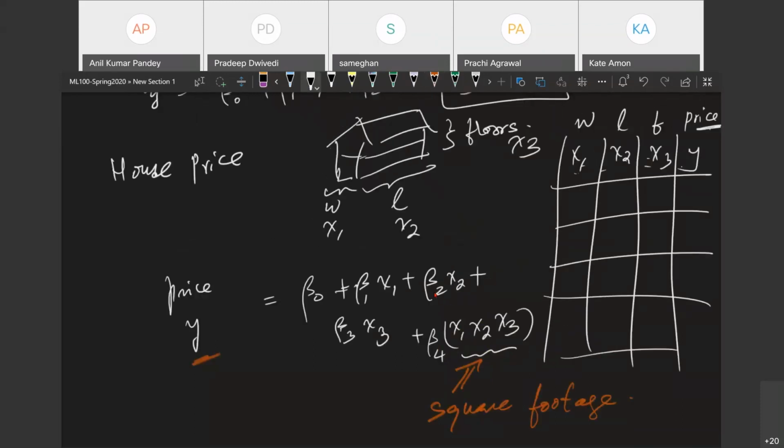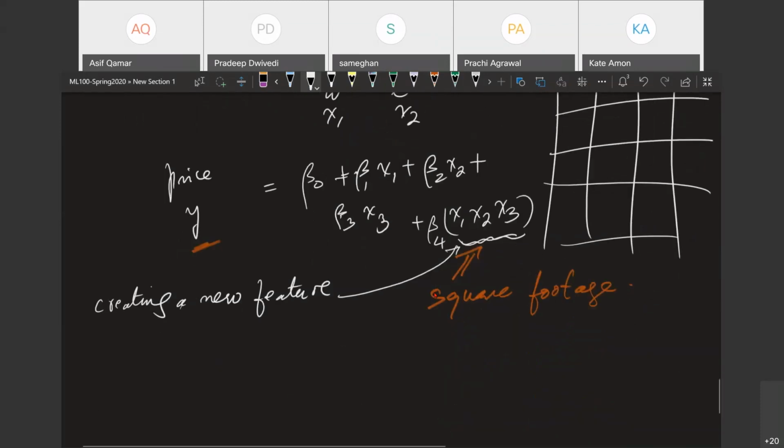what are you doing? You have to create that predictor. You are effectively creating a new feature by multiplying some original features, right?